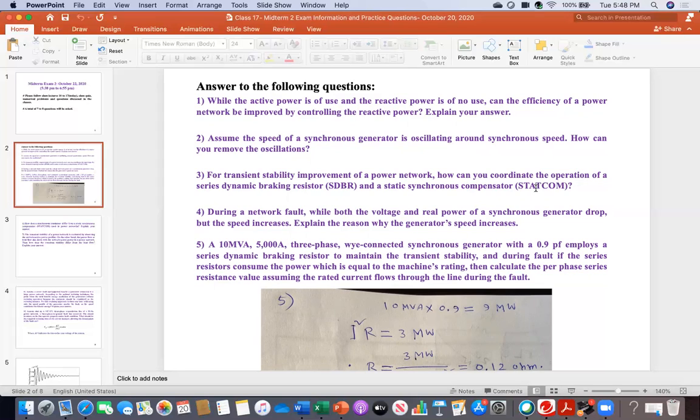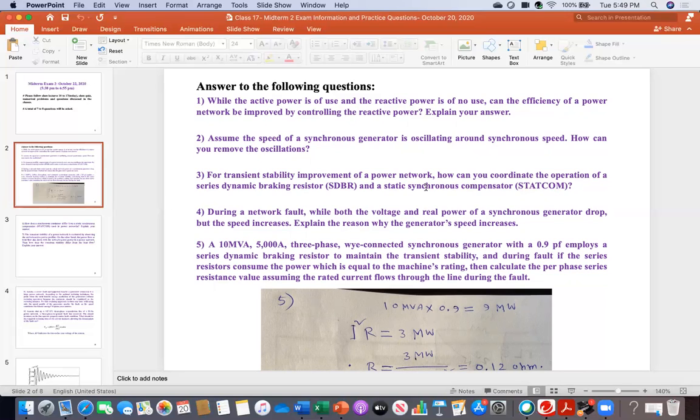Here is the difference. A series connected device, not only the SDBR but also a fault current limiter, or a capacitor connected in series, is a current dependent source. A parallel connected device is a voltage dependent source.